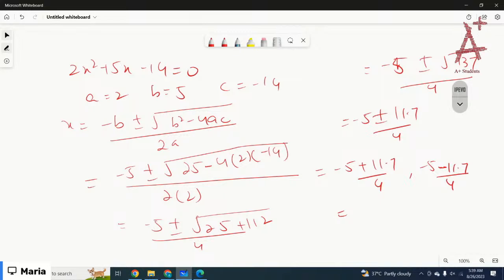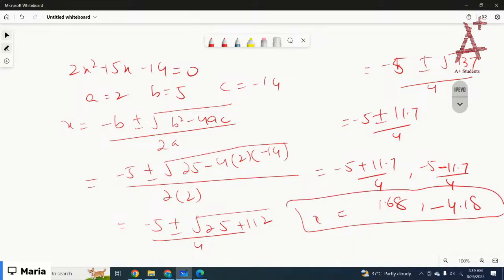Let's just solve. It would be 1.68 and negative 4.18. So these are the two roots of x. They are 1.68 and negative 4.18.